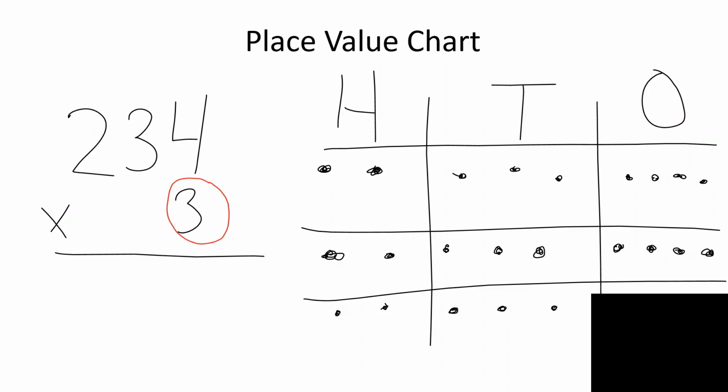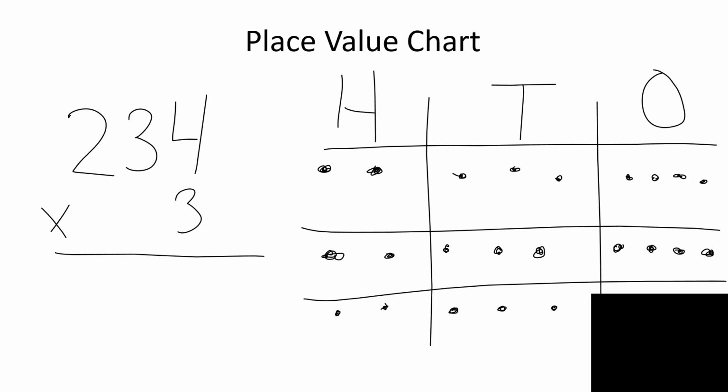Now all I have to do is add up how many place value discs or how many dots, whatever you want to call them, in my chart to figure out my product or my answer. So I always start with the ones place. So over here with my ones, I count them up and I get 12.